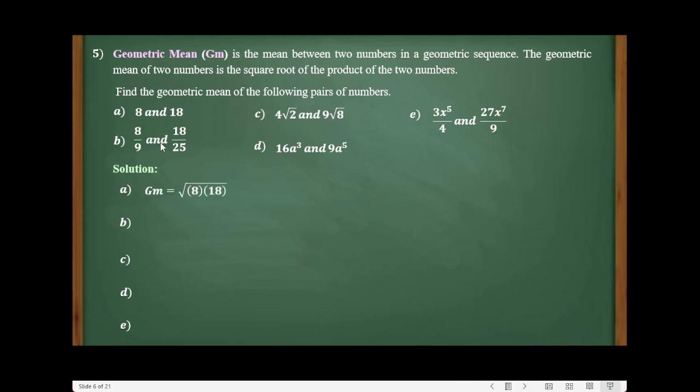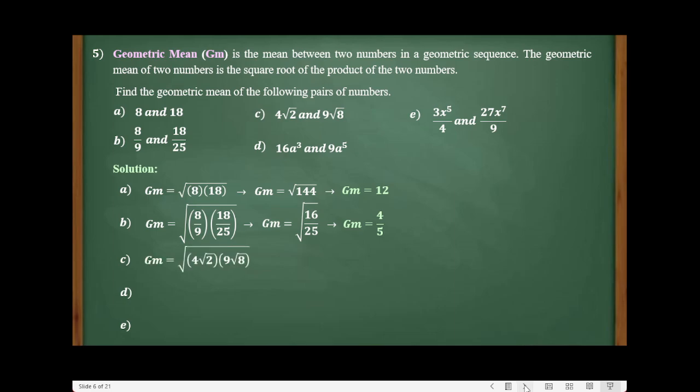So to get the geometric mean, we take the square root of the product of 18 and 8, and that will give us 12. For letter B, the geometric mean between the two given fractions, we do the same thing. We take the square root of the product of 8 over 9 and 18 over 25. And the answer is 4/5.